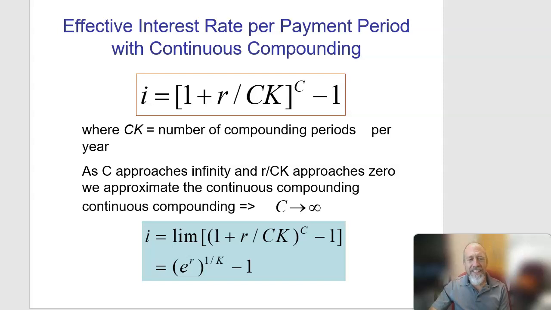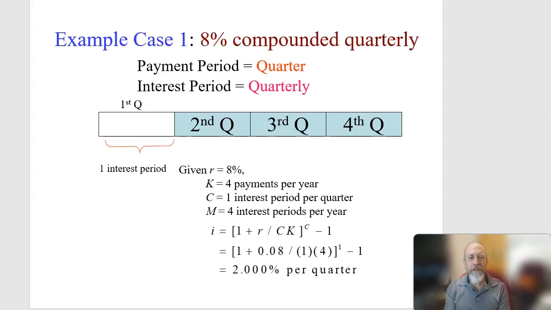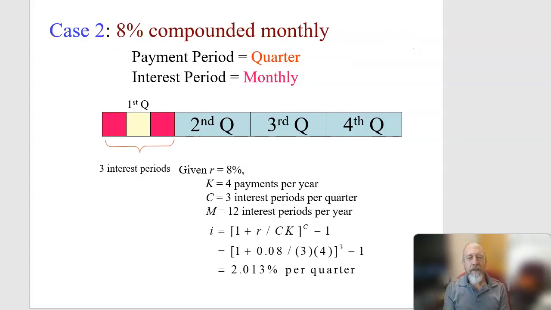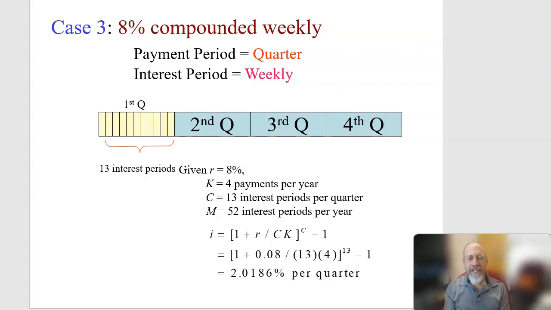Again, it's just an equation. It gives you an effective annual interest rate. So you can now look at what it's going to come out to when you compound quarterly. You can look at compounded monthly. Notice that number went up. You can compound weekly.